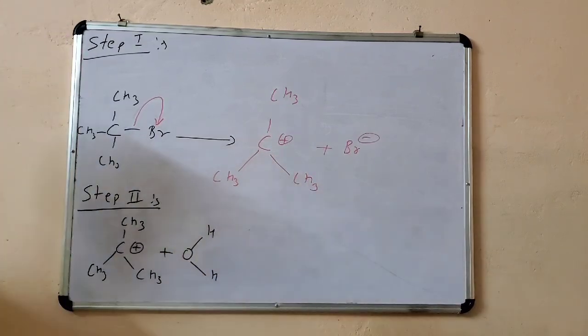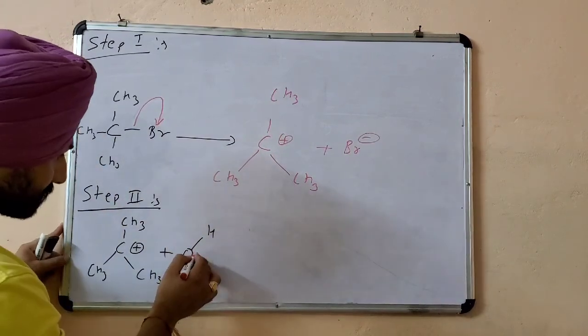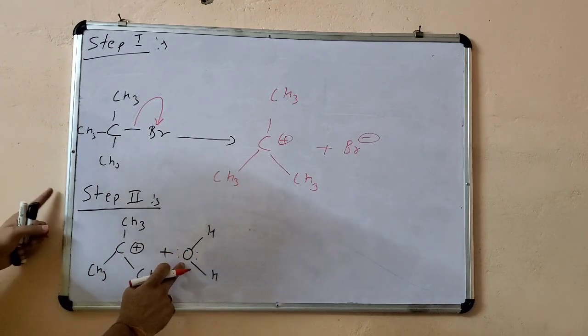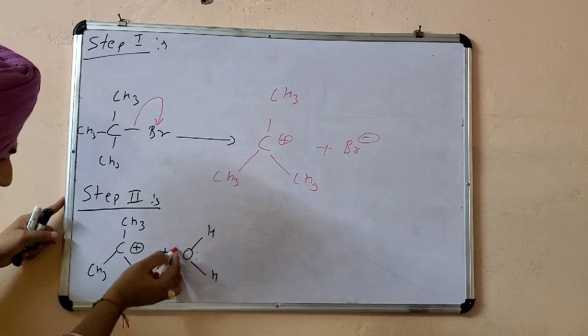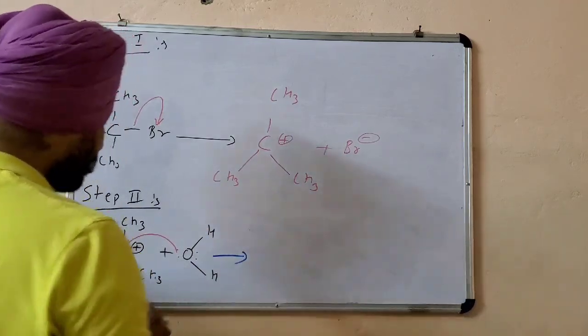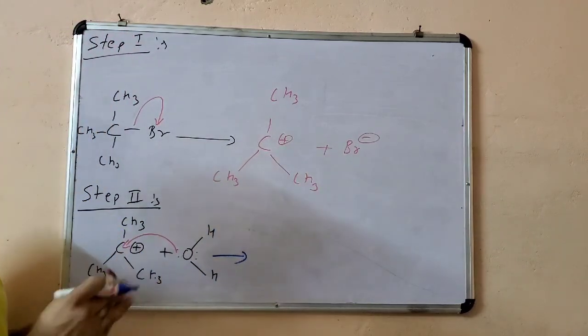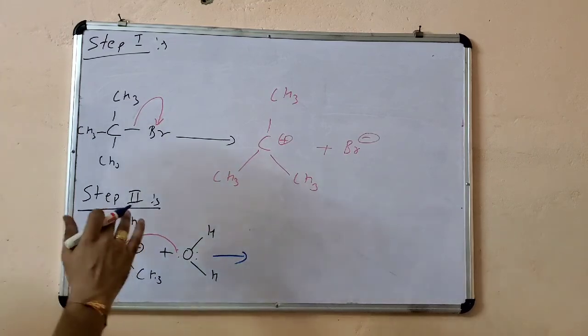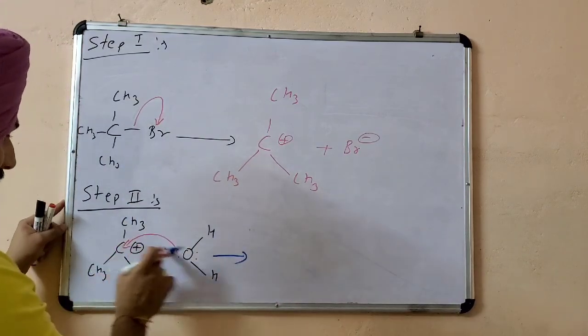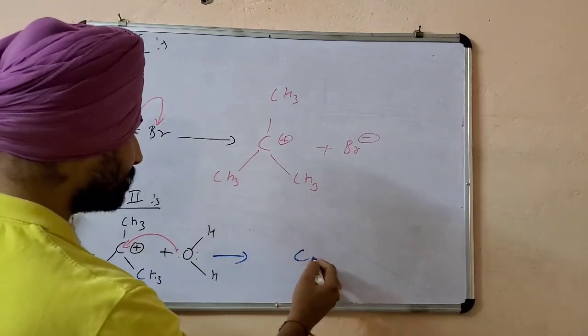This water has two lone pairs of electrons. This carbon is electron deficient, oxygen is electron rich. Ultimately, this oxygen will donate its pair of electrons to this carbon, right? After the donation of this pair of electrons, one intermediate product is formed, that is called the oxonium ion. After donation, there is a bond formation between the carbon and oxygen.